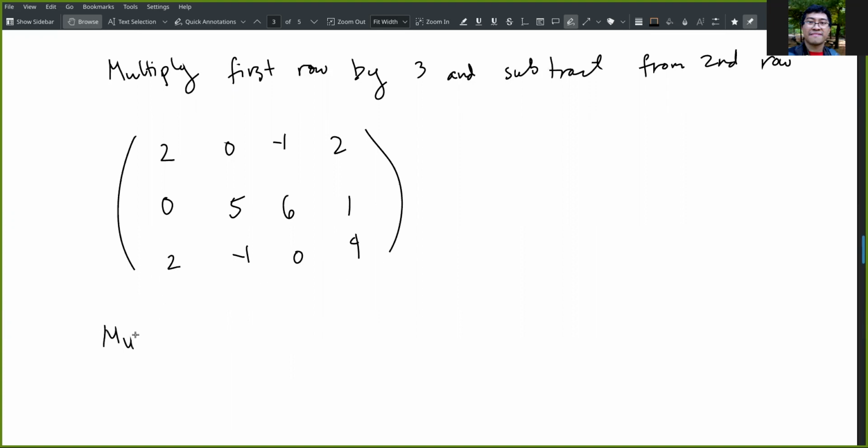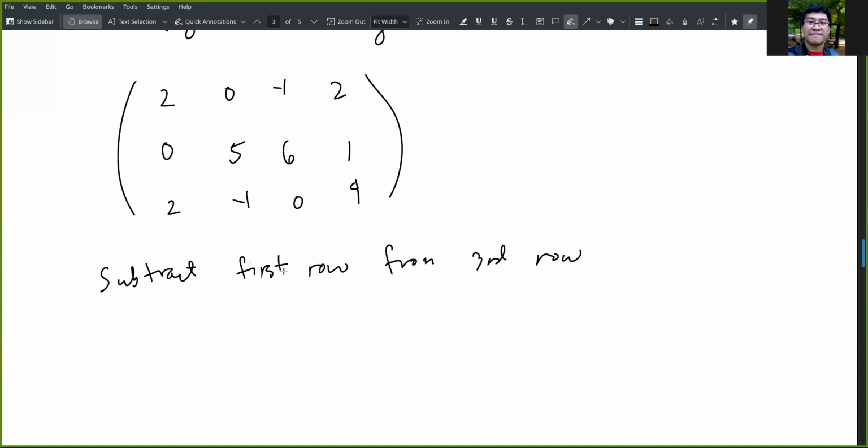We continue. Instead of multiplying, we subtract first row from third row, and let's choose to replace the third row with what we get from this operation. So we keep 2, 0, minus 1, and 2. 0, 5, 6, 1.